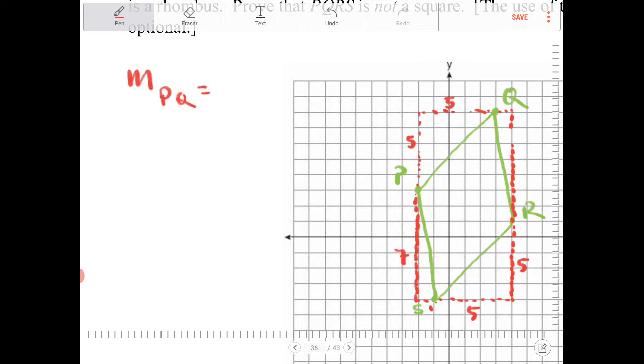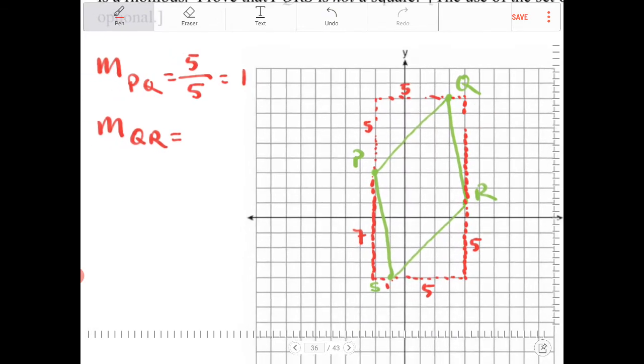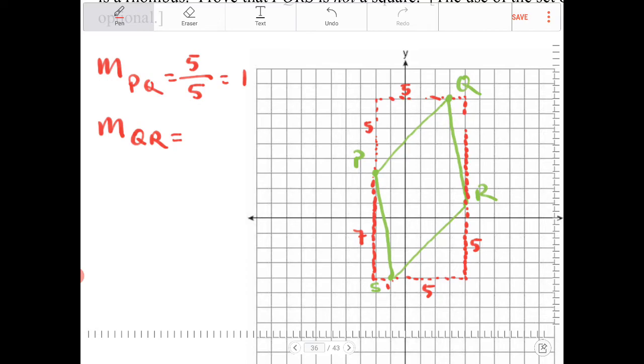The slope of PQ is my rise is 5 and my run is 5. The slope is 1. The slope of QR is, I am going down by 7, so it's negative 7, and it's over 1. So that's going to be negative 7.